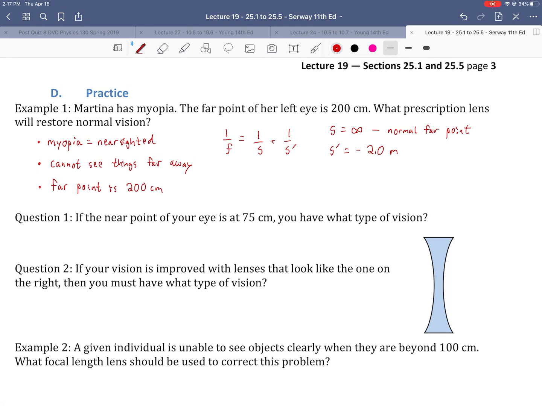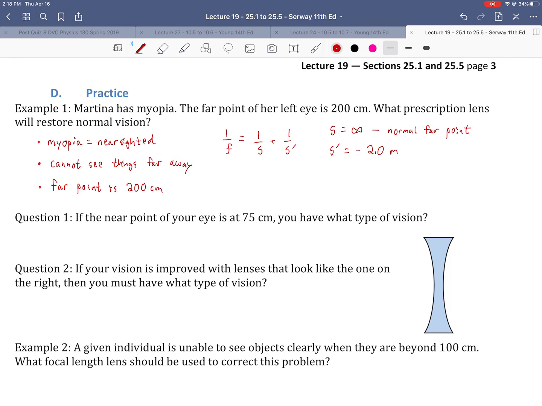They're always on the side of the lens that has the sign convention of negative, which is the same side as the object. You visualize that? The object is infinitely far away and the image is 2 meters away, but they're both on the same side of the lens. They're both on the opposite side of the eyeglasses or contact lenses as the human eye, right? They're on the same side. Thus, s prime must be negative.